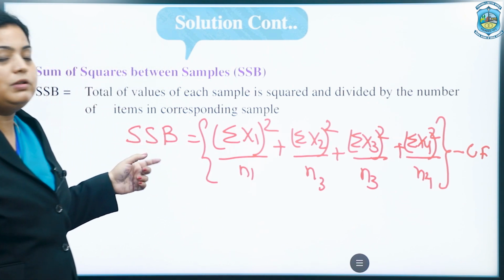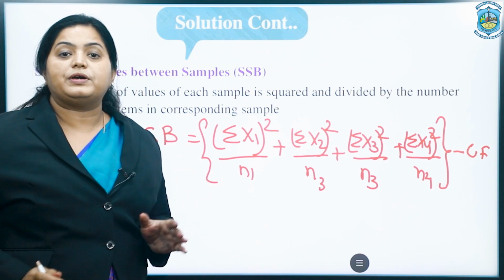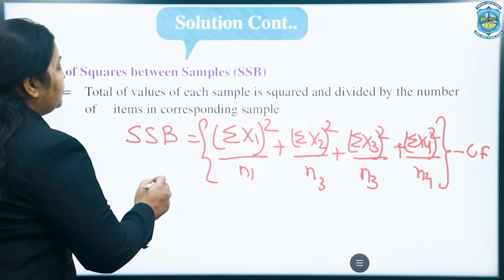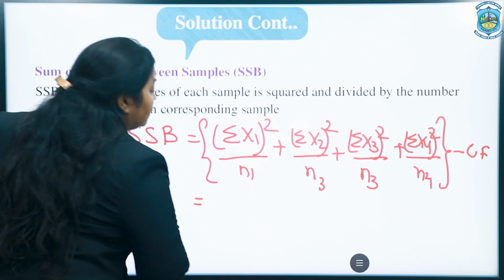So this is the formula for SSB, the sum of squares between the samples.